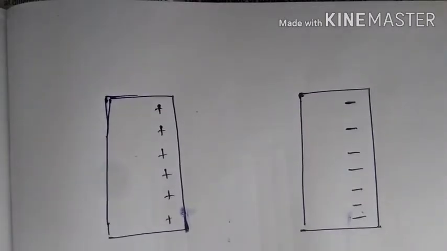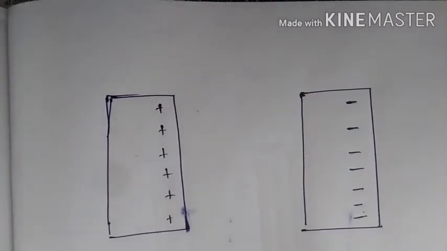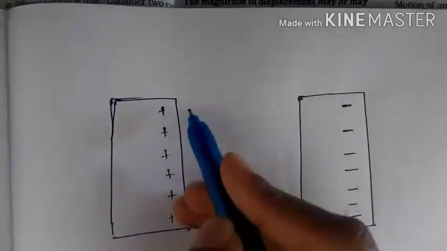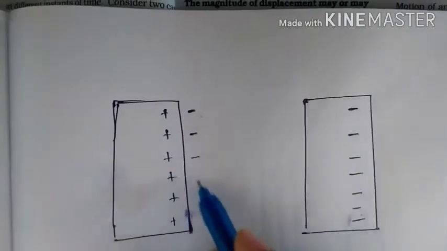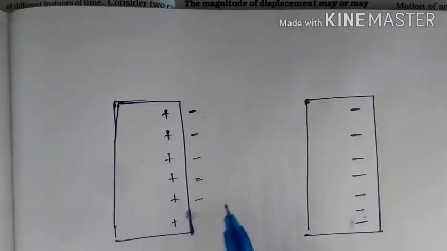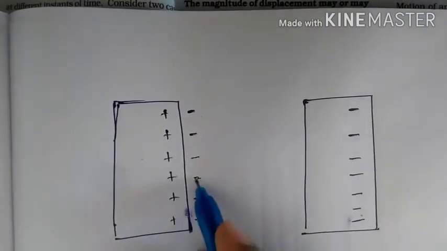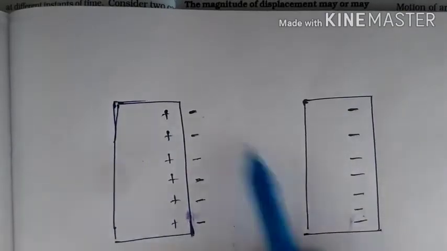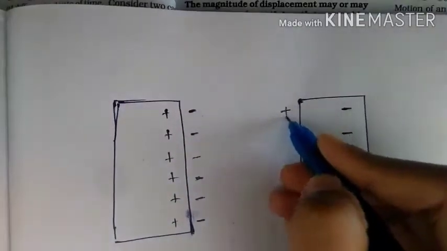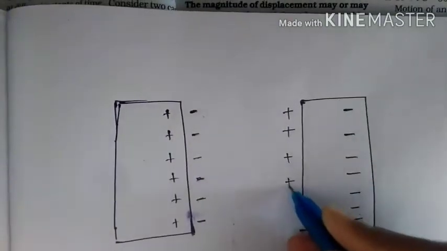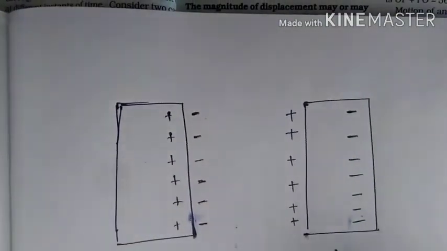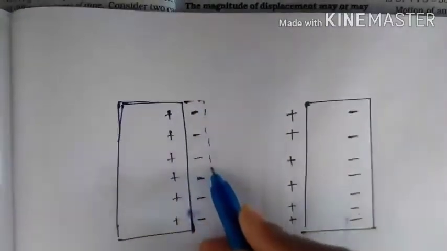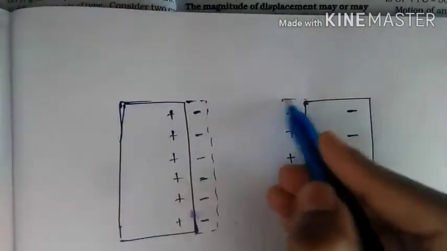So the charges in the dielectrics get polarized, and negative charges minus Q prime will be induced on one side of the dielectric, and the plus Q prime will be induced on the other face of the dielectric.